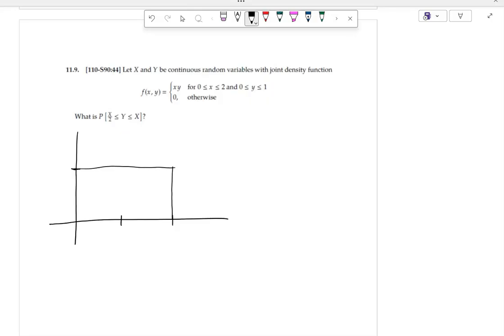Now let's draw in your lines. The line y equals x is that one, right? Your line y equals x over 2 is that one.